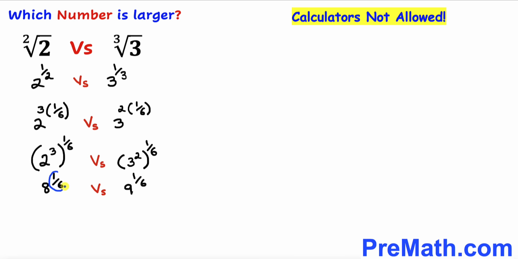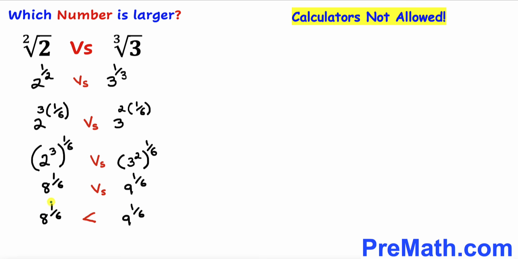Both of these numbers have an identical exponent, so we can easily compare 8 and 9. As you can see in this next step, we have 8 versus 9, and here 9 is the larger number and 8 is the smaller number.